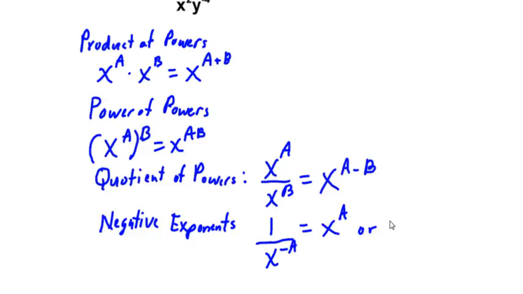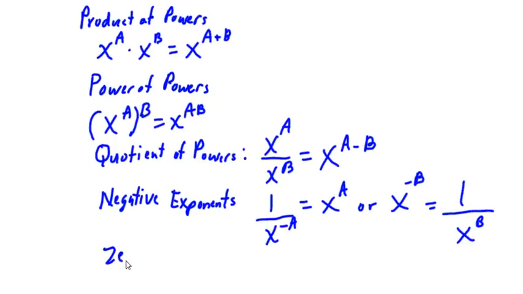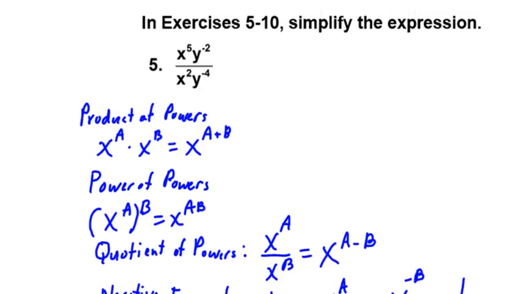Or we can take this as x to the negative b power is equal to 1 over x to the power of b. And then we have the zero power rule, which is x to the power of 0 equals 1. So those are the 5 major rules of exponents. And here we're going to take this one.